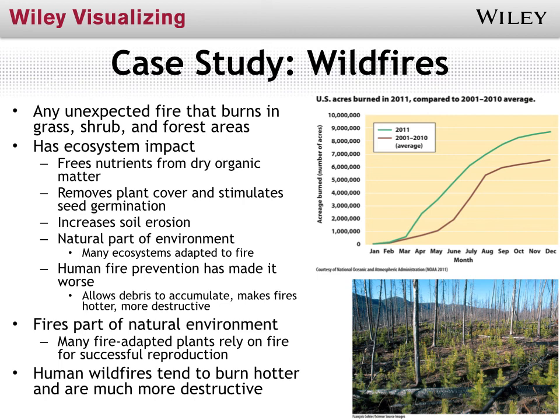So if you have 50, 60 years worth of fuel buildup, when a fire does start, it tends to be much hotter than it would have ever been, which means it's much more destructive. So not only can it cause much greater erosion than a natural fire would, it can do much greater damage by killing things that would have normally not been killed by the type of fires that were natural.